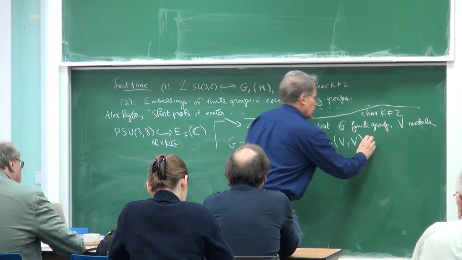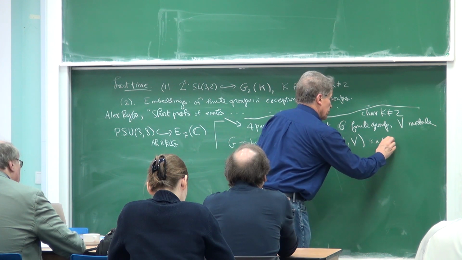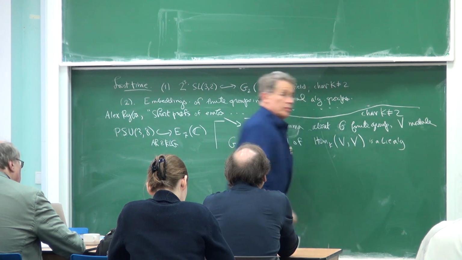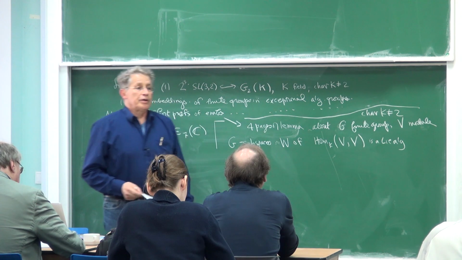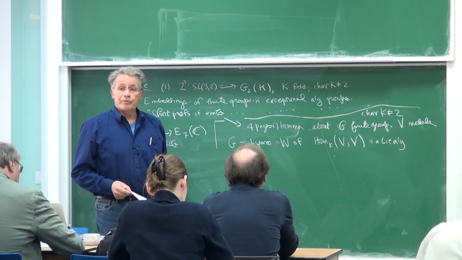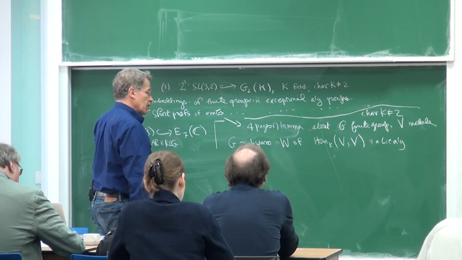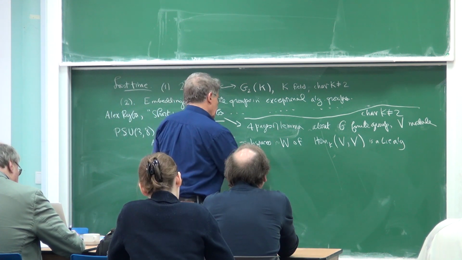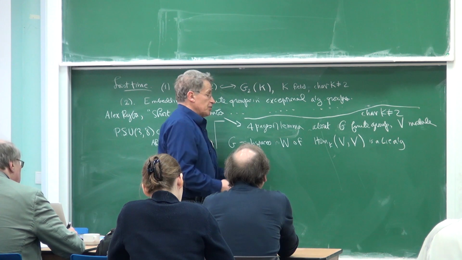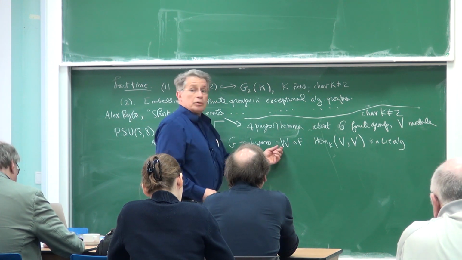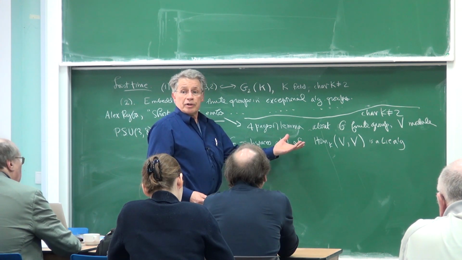Now this is a Lie algebra. The endomorphism ring of any finite dimensional vector space is naturally a Lie algebra called little GL. And a subspace W, a linear subspace, which is a G module, could be closed under the bracket and be a submodule.